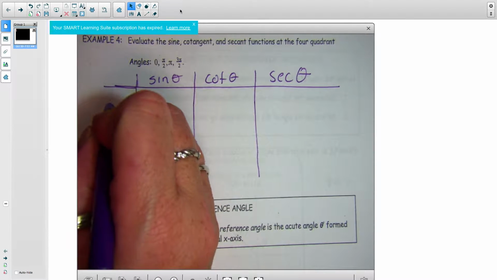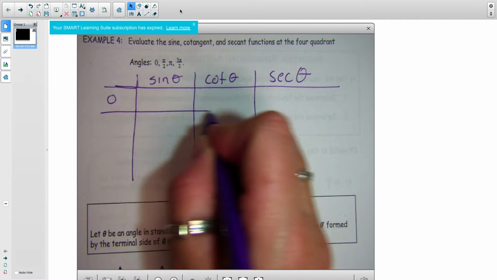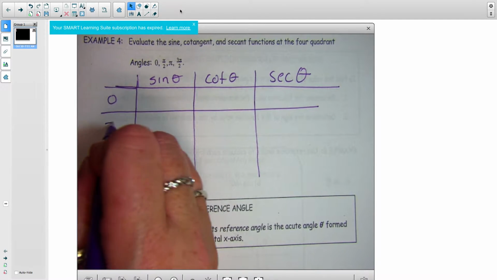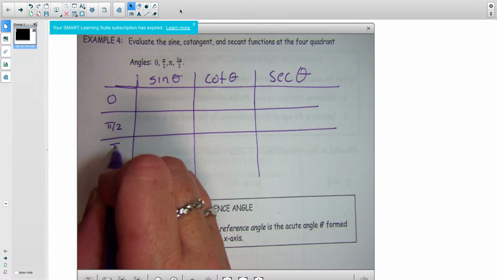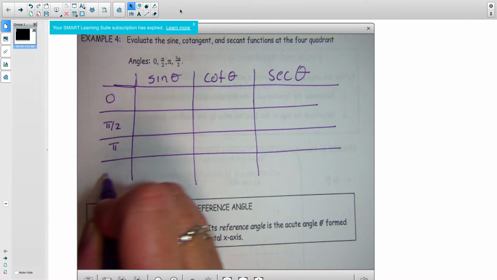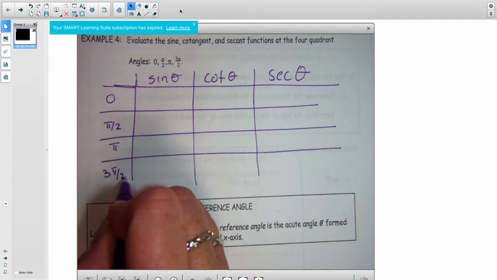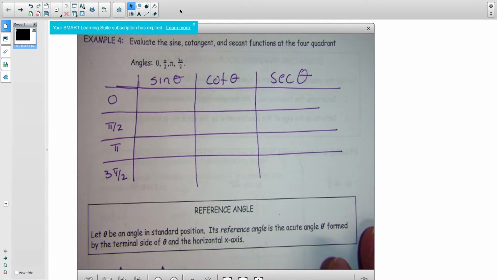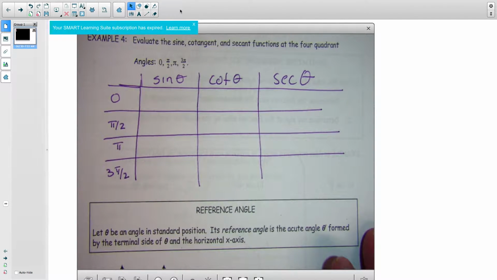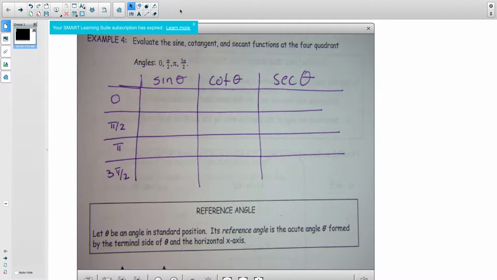So at theta 0, pi over 2, pi, 3 pi over 2.